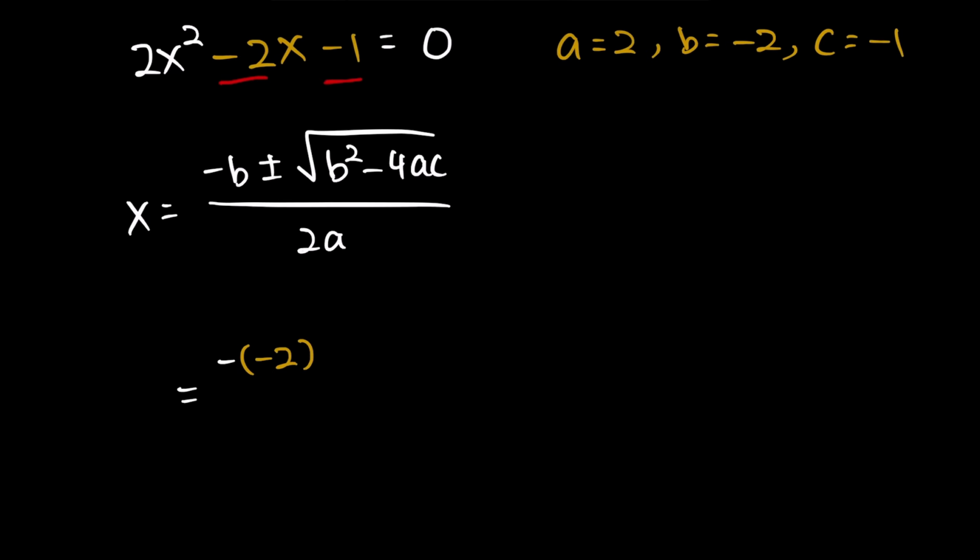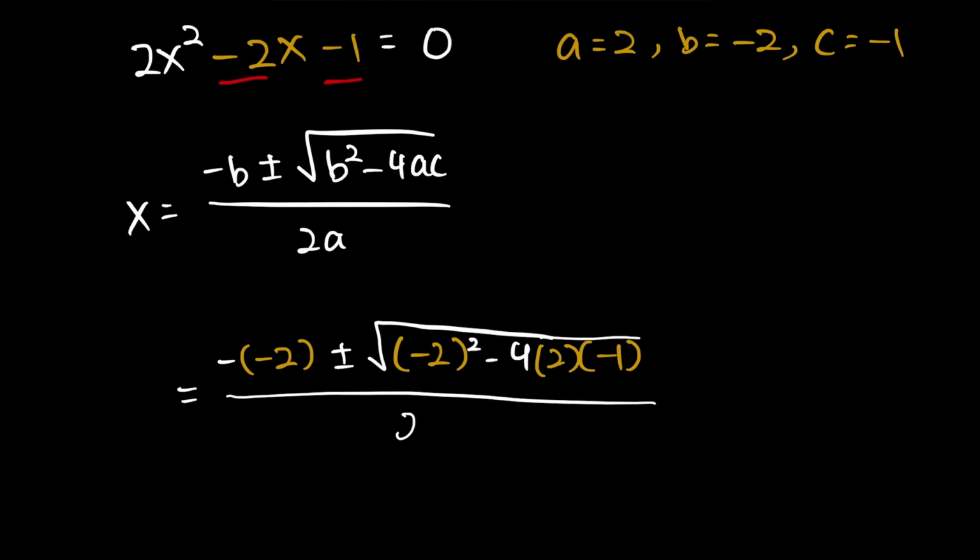Plus or minus the square root of b squared, so b is negative 2, and we want to take that square. And then minus 4ac. So 4, a is 2, and c is negative 1, so times 2 times negative 1. All over 2 times a, which is 2 times 2.